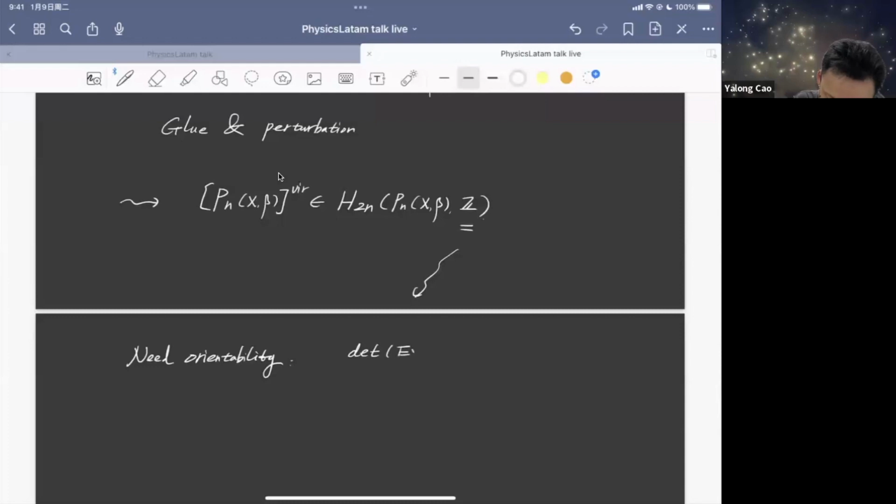Remember, we have the tangent space Ext1. We can consider the determinant. This is a line now. This is a line over another line, the determinant of Ext2 plus.